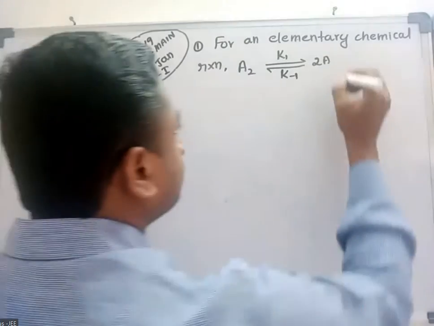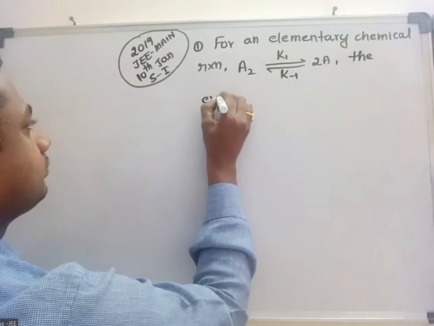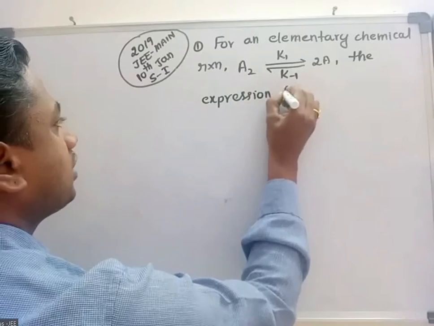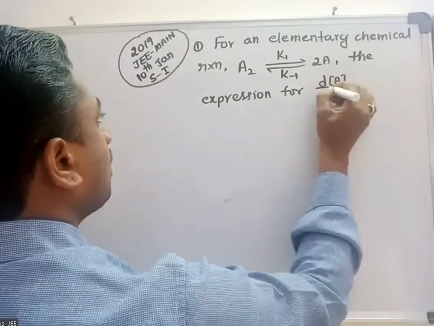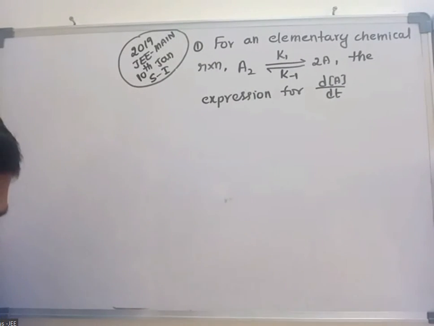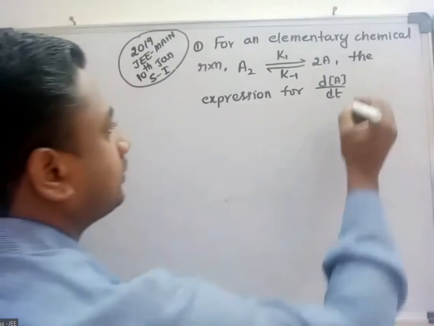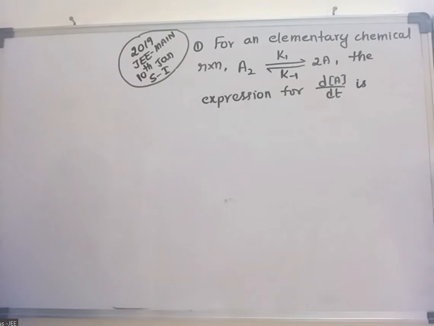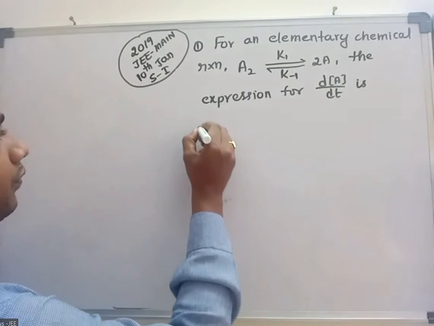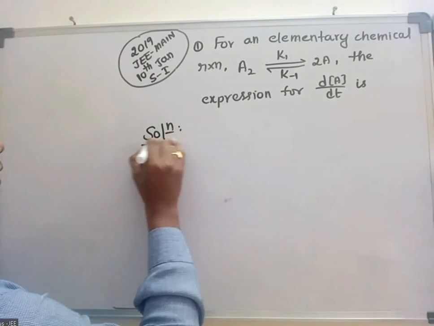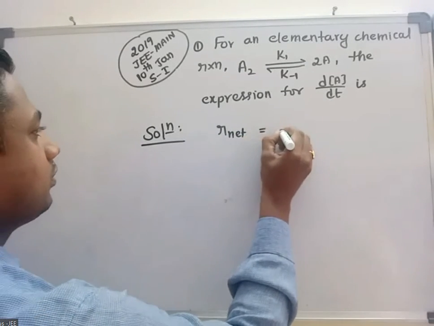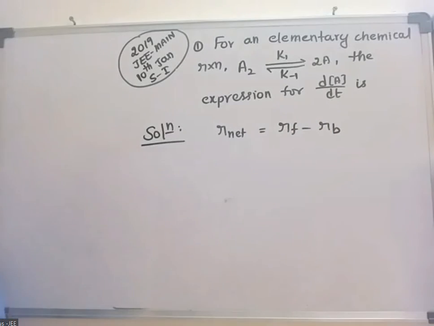The expression for d of A by dt is... The rate of net reaction equal to rate of forward reaction minus rate of backward reaction.